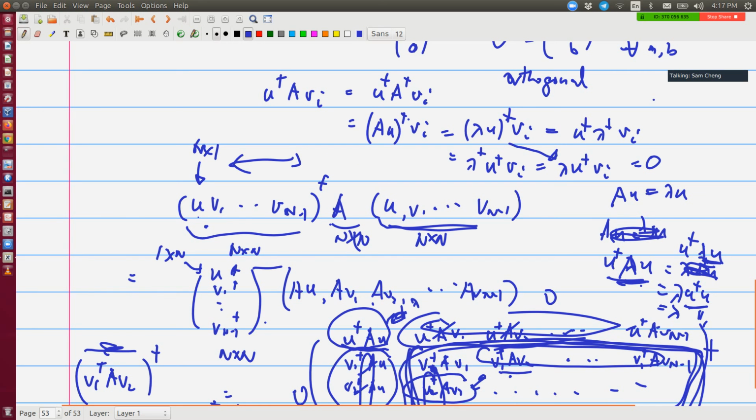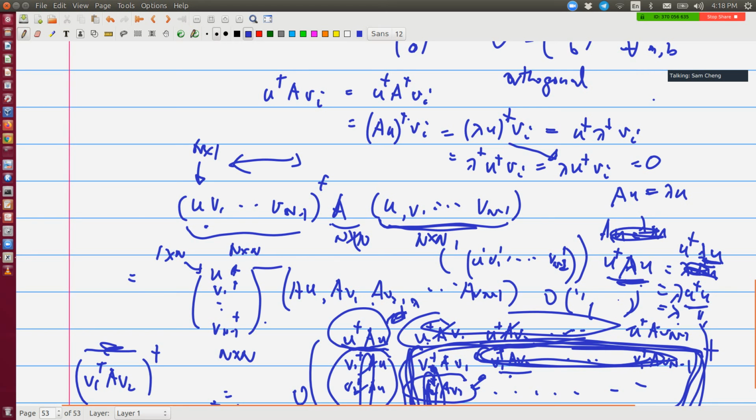It's hard to write because I have this as a part of the V. Then next time I want to diagonalize this matrix, I will generate another matrix with a form like this, with a U, maybe U pi, V1 pi up to V n minus 2 pi. And this will make the second row here equal to 0. Then I can repeat that again with another matrix like that. So the final V will be multiplying all of these together.